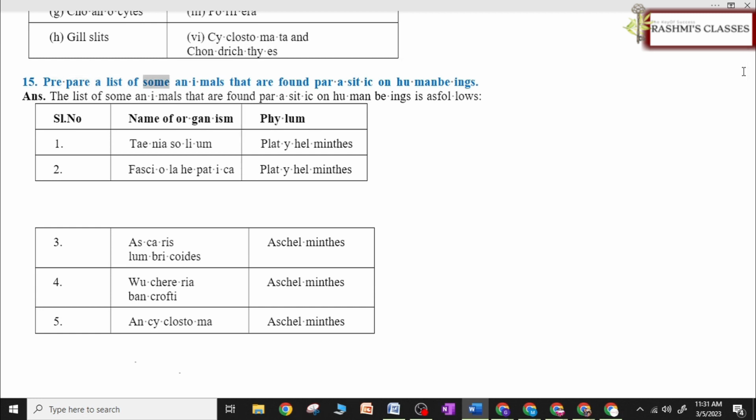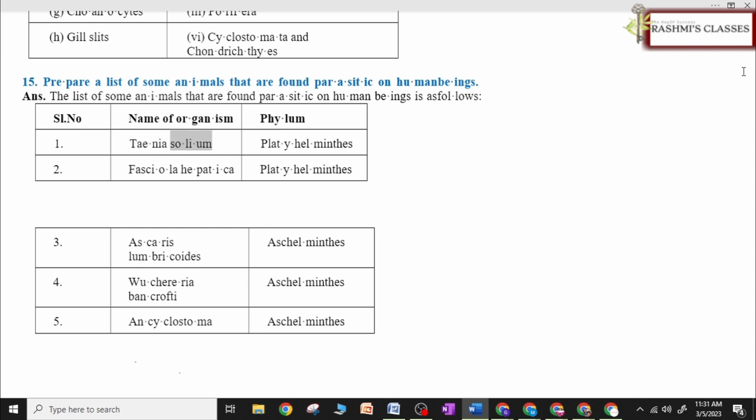Prepare a list of some animals that are found parasitic on human beings. ANS. The list of some animals that are found parasitic on human beings is as follows. Serial number, name of organism, phylum. 1.